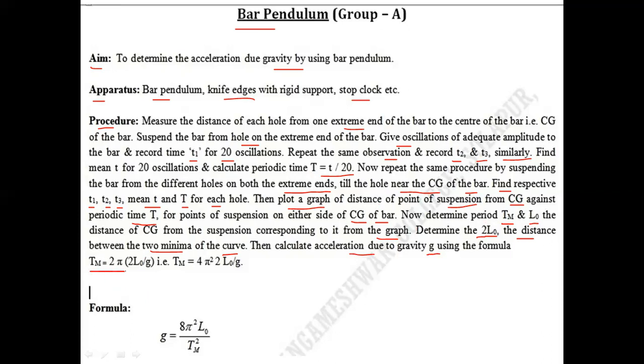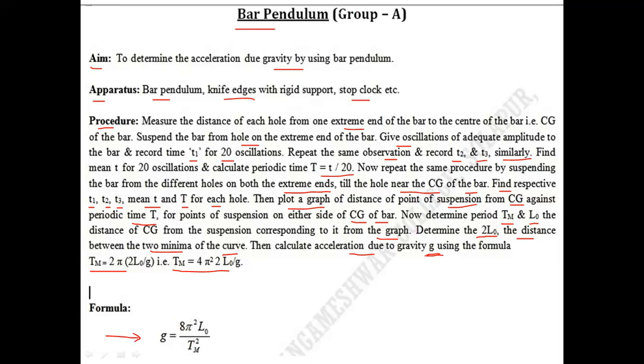We know this formula which we have studied in mechanics, in the pendulum chapter. Small g is equal to 8 pi square into capital L0 divided by Tm square.